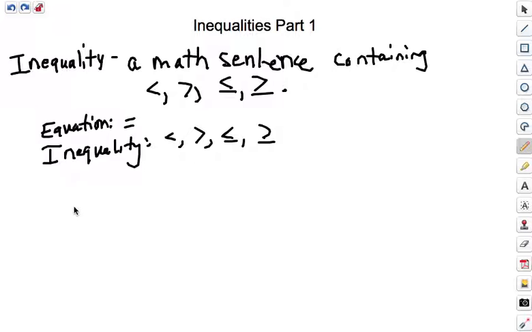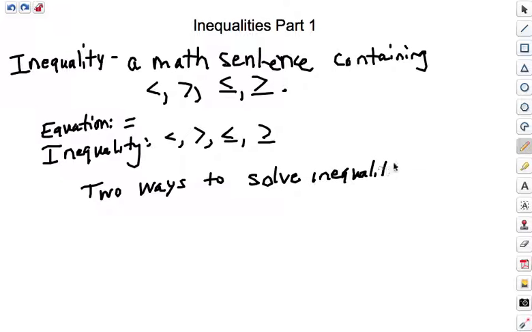All right, so as I said before, there's two ways to solve inequalities. Our first way is to solve by addition.